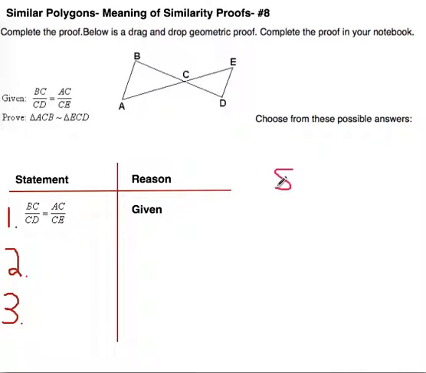So we have side, angle, side, and then we have side, side, side. And then we have one that might be a little bit new, but it is angle, angle.